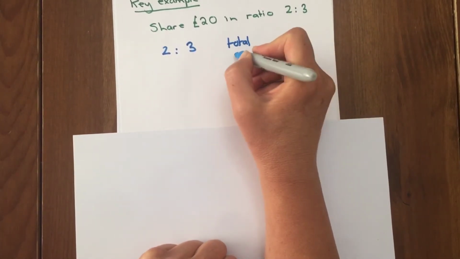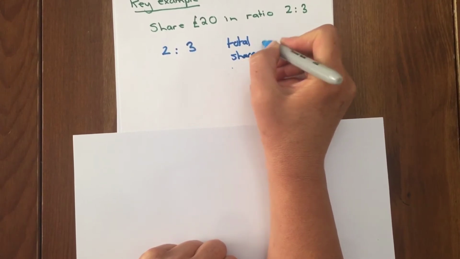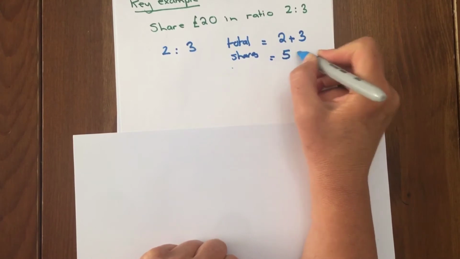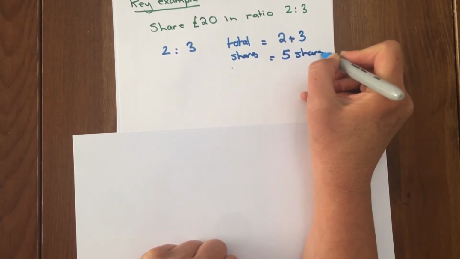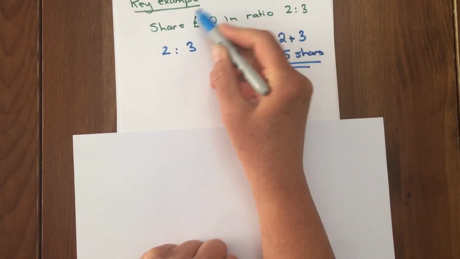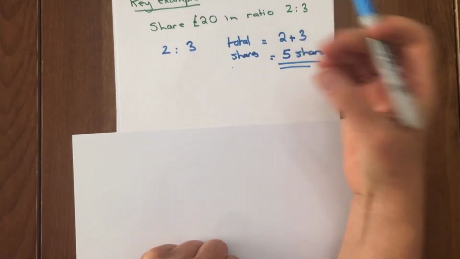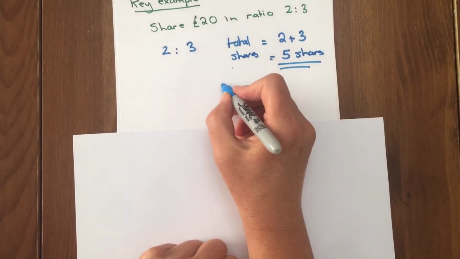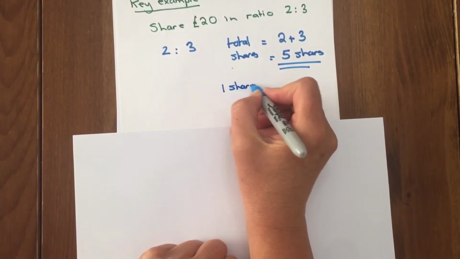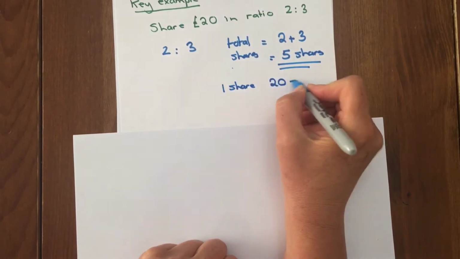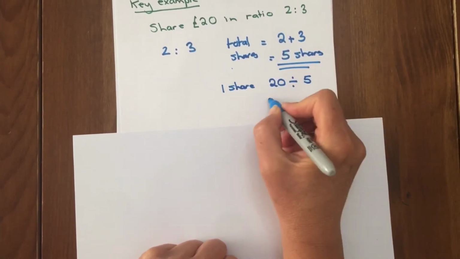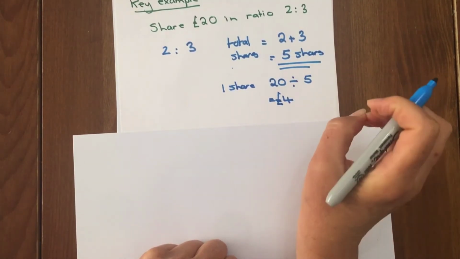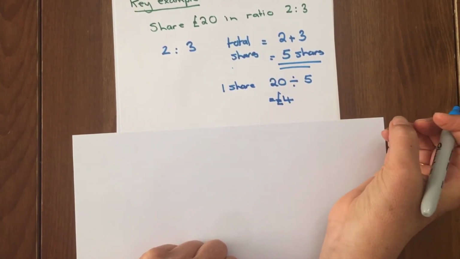We've got 2 shares plus 3 shares, which is 5 shares in total. So we're dividing £20 into 5 separate parts. So 1 share would be £20 divided by 5, which is £4. So each share is worth £4.